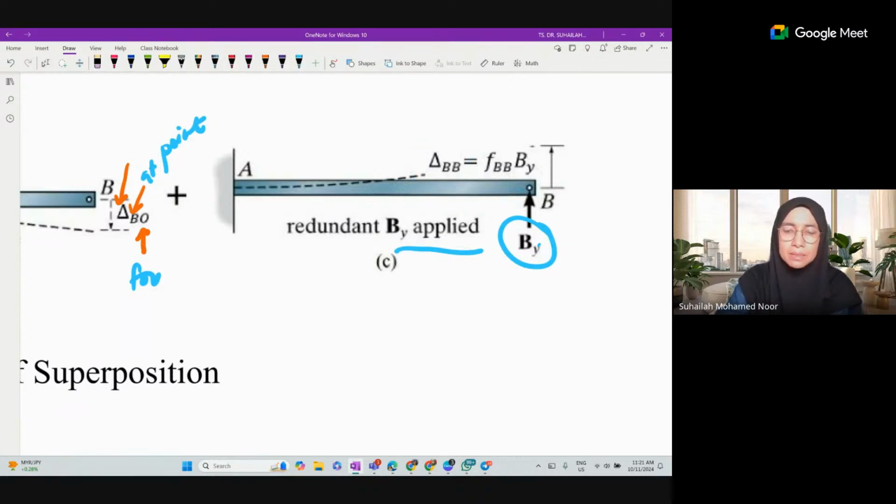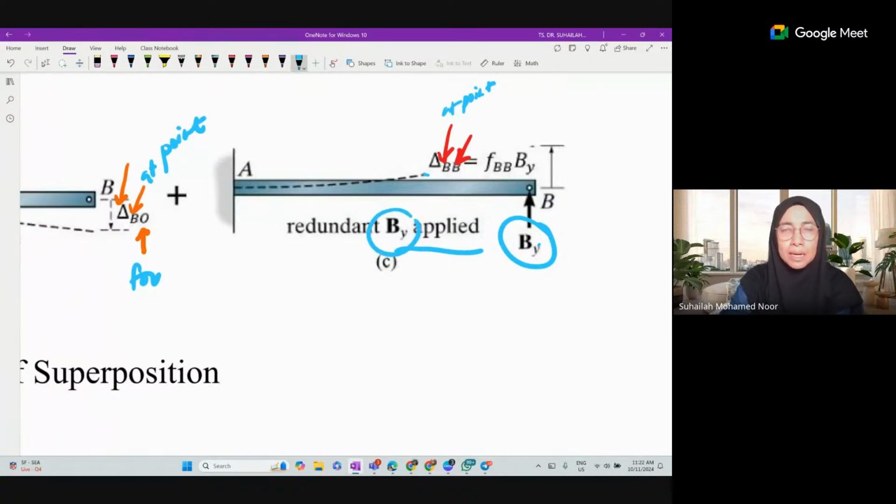In delta BB, the first notation is the position, at point B, and the second notation is the type of beam. The second B refers to this B.